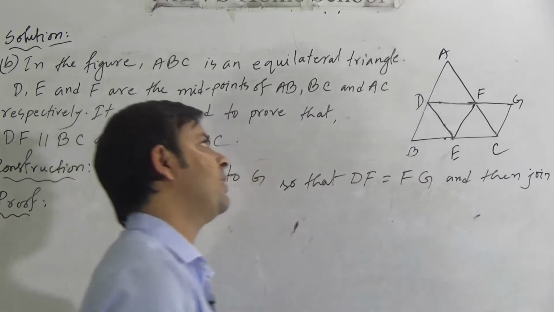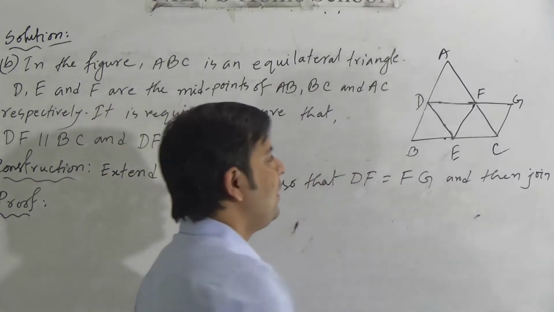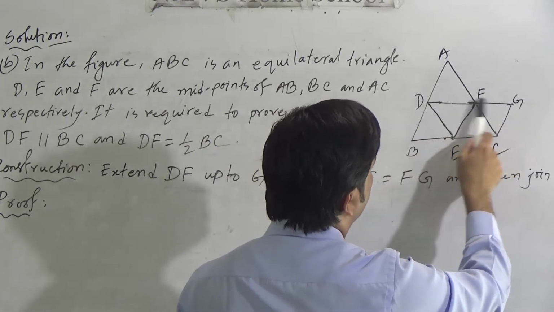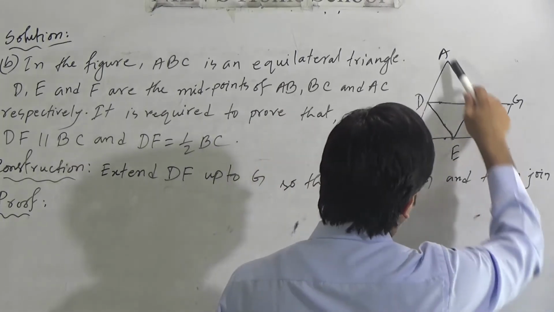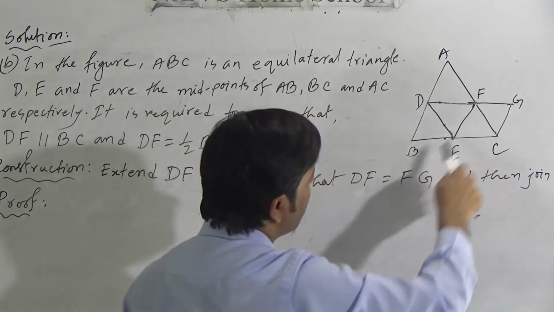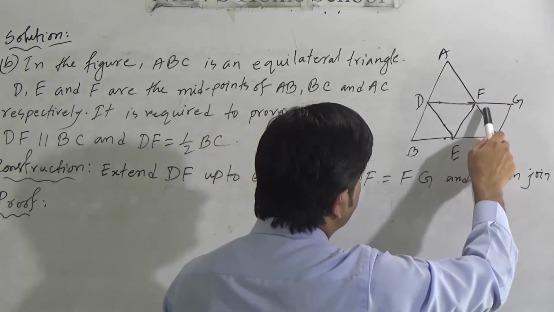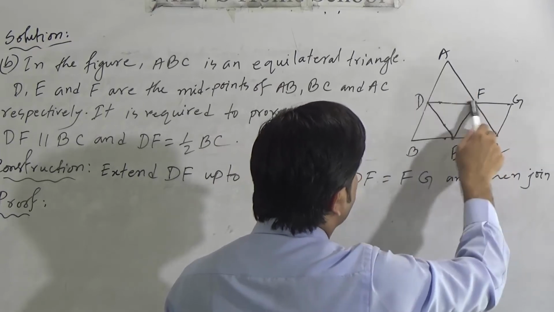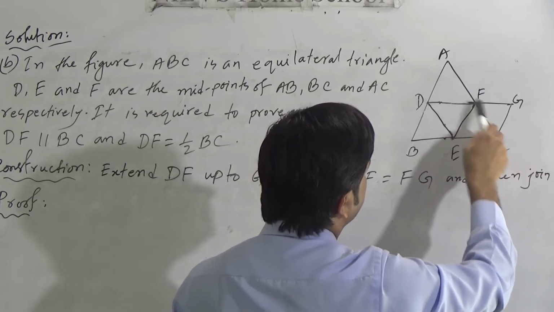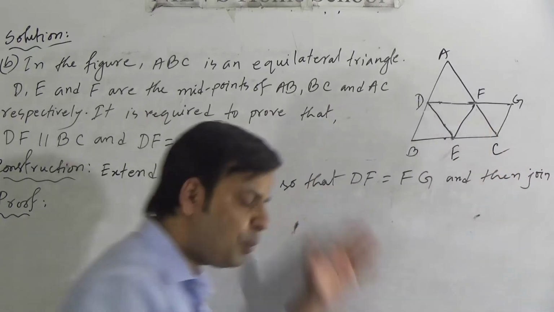DF is equal to FG according to our construction, AF is equal to CF as F is the midpoint of AC, and included angle AFD is equal to angle CFG as these two angles are vertically opposite angles.